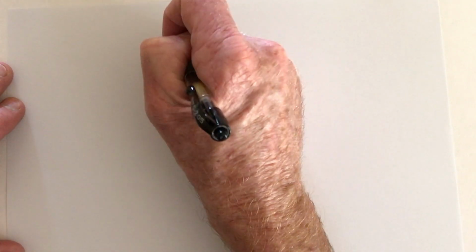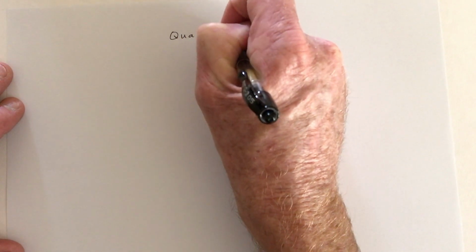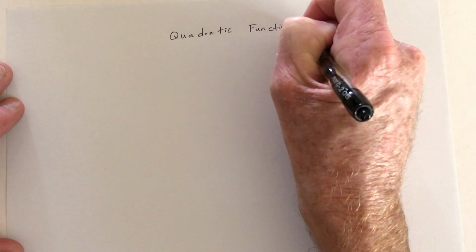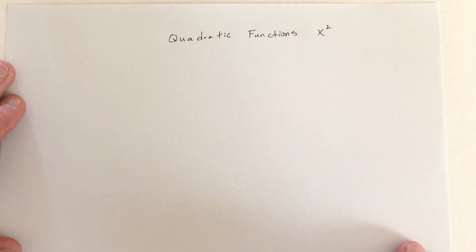Okay, so that was lines, and now what's called quadratic functions. And that is just a big word to say it's going to have an x squared in it.